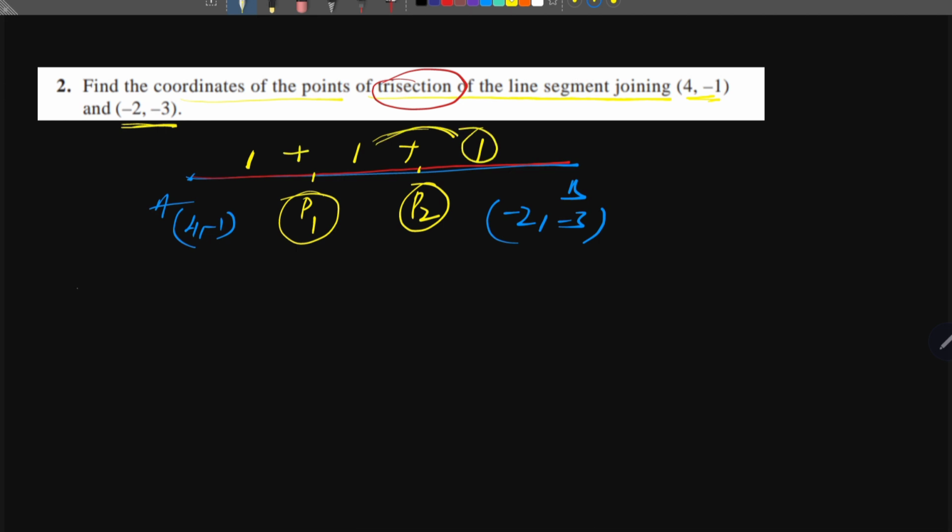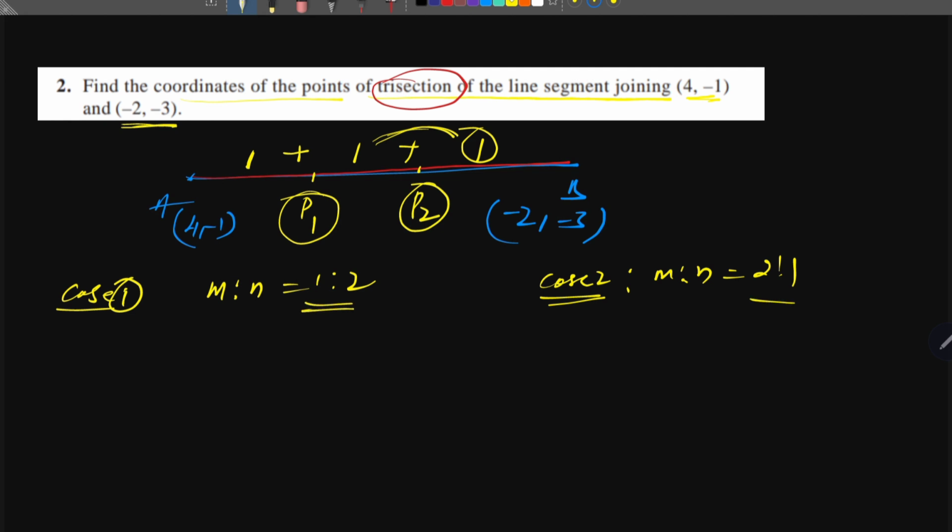So we have to apply the same formula in two cases. In case 1, m:n is 1:2, and in case 2, m:n is 2:1. These are the two different ratios in the same question. Then we get two different points, P1 as well as P2. P1 is the first section point and P2 is the second section point, and both together are called the points of trisection.